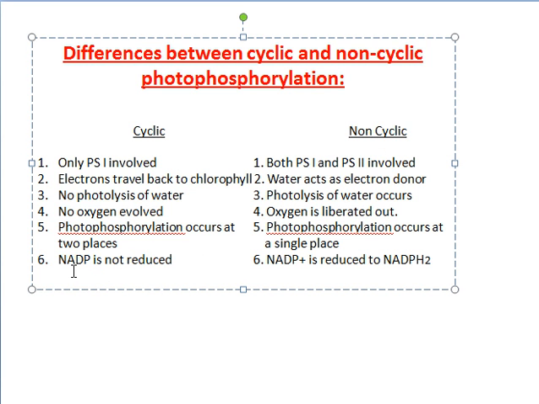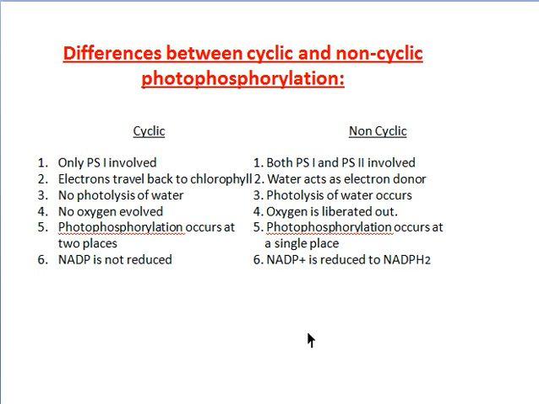And NADP is not reduced to NADPH2 in cyclic photophosphorylation, while here in non-cyclic photophosphorylation, this is important, NADP positive is reduced to NADPH2 molecules. This is also known as the reducing part. Right, so these are the basic differences between cyclic and non-cyclic parts of photosynthesis.